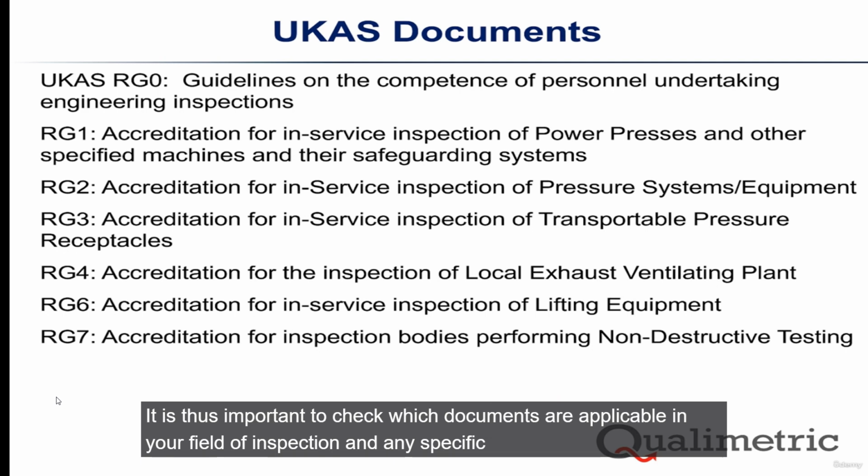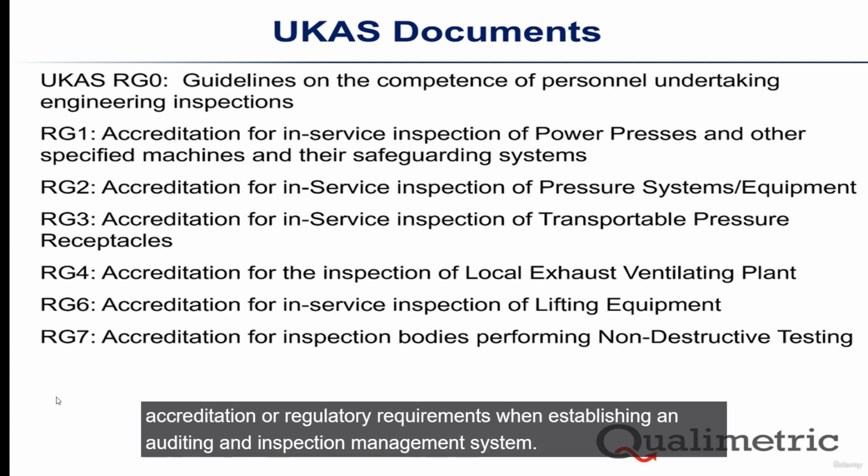It is thus important to check which documents are applicable in your field of inspection and any specific accreditation or regulatory requirements when establishing and auditing an inspection management system.